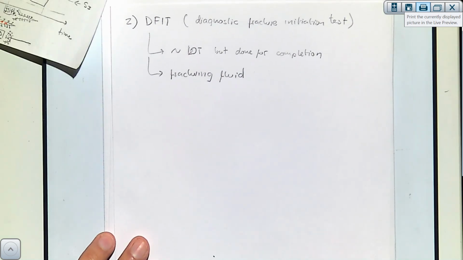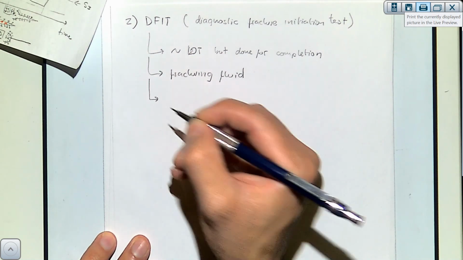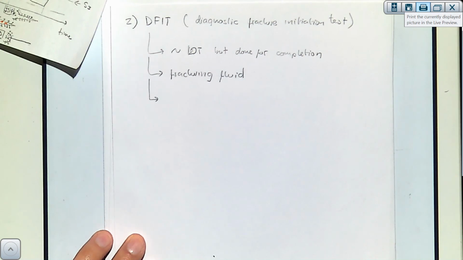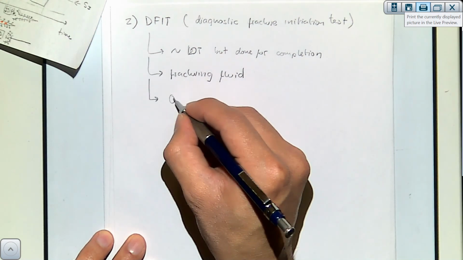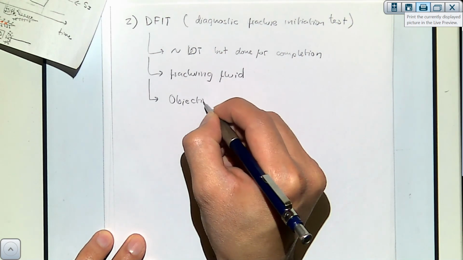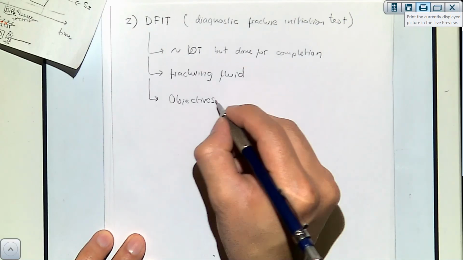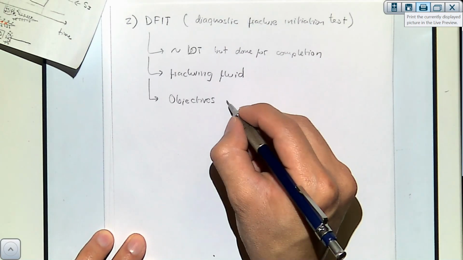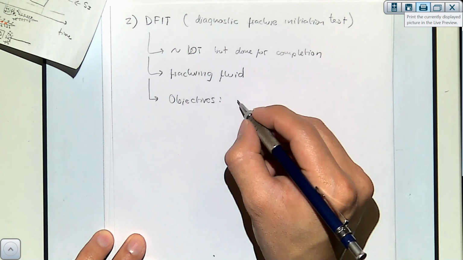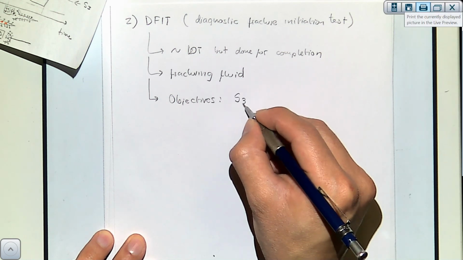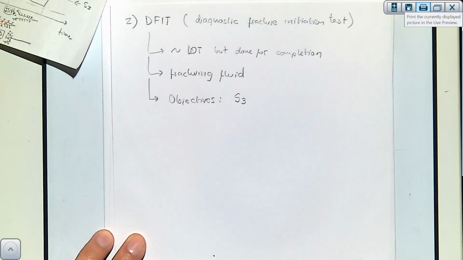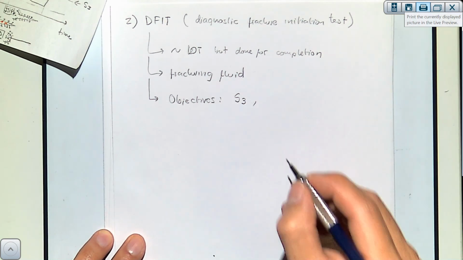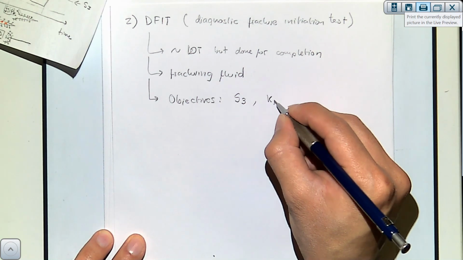For the DFIT test, the objectives are: one, to measure the minimum principal stress, and second, to measure the permeability of the formation.